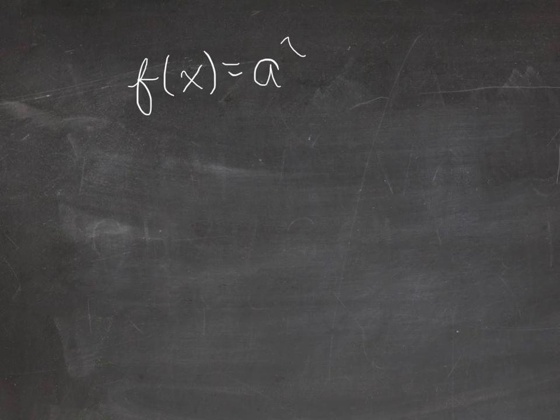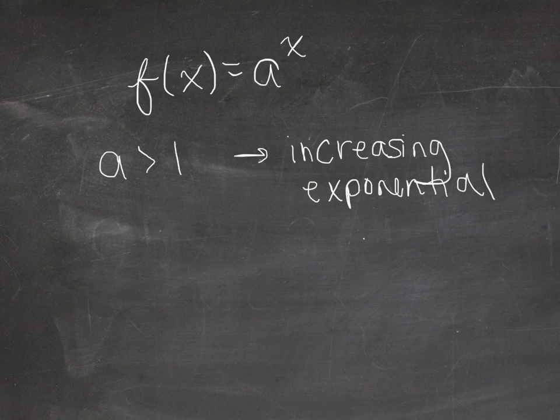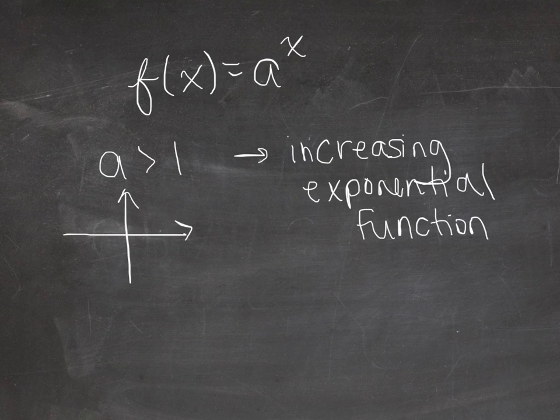So we have the exponential function f of x, or y, equals a to the x. If a is greater than 1, we have an increasing exponential function, and it will look something like this.